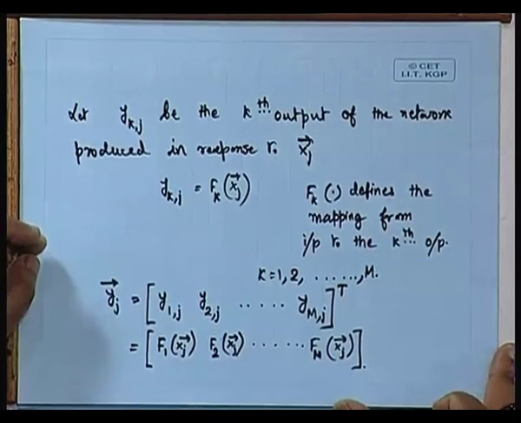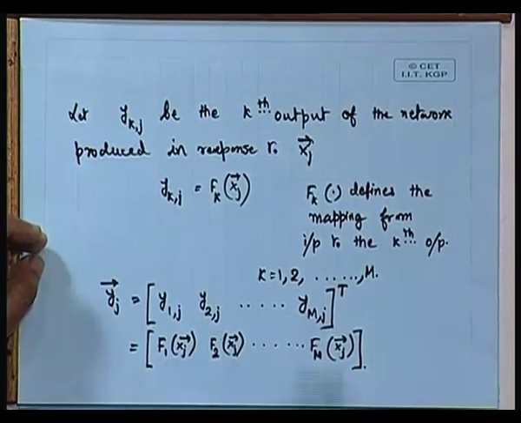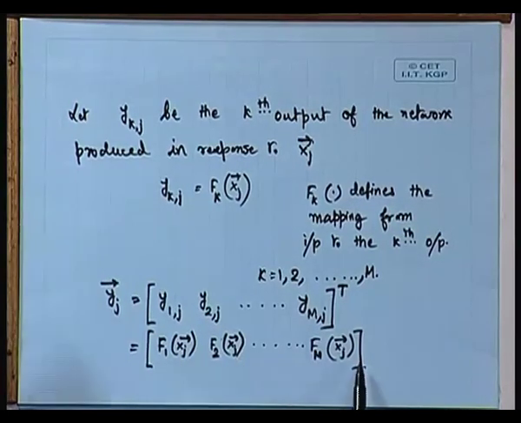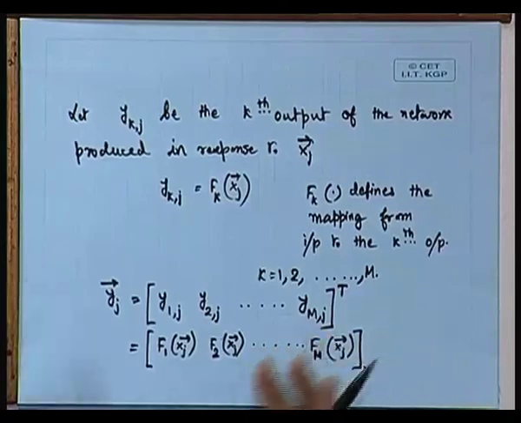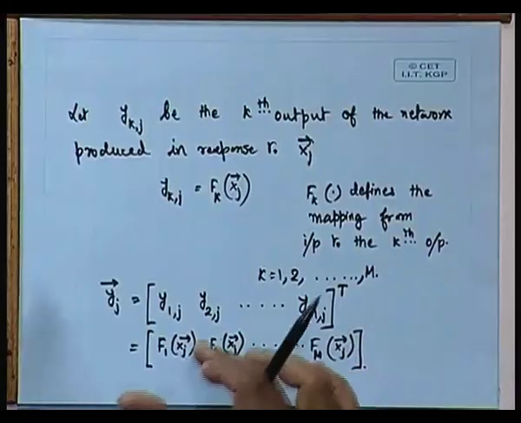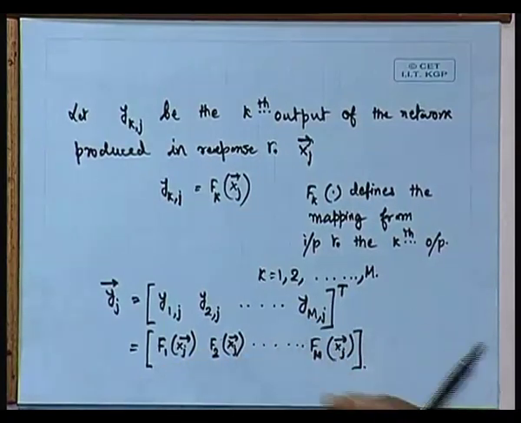So, in fact, what we have is a vector of functions. f1 is a mapping function, f2 is another mapping function, fm is another mapping function. Like that we have got m different mapping functions associated with m different outputs, so we have a vector of mapping functions.